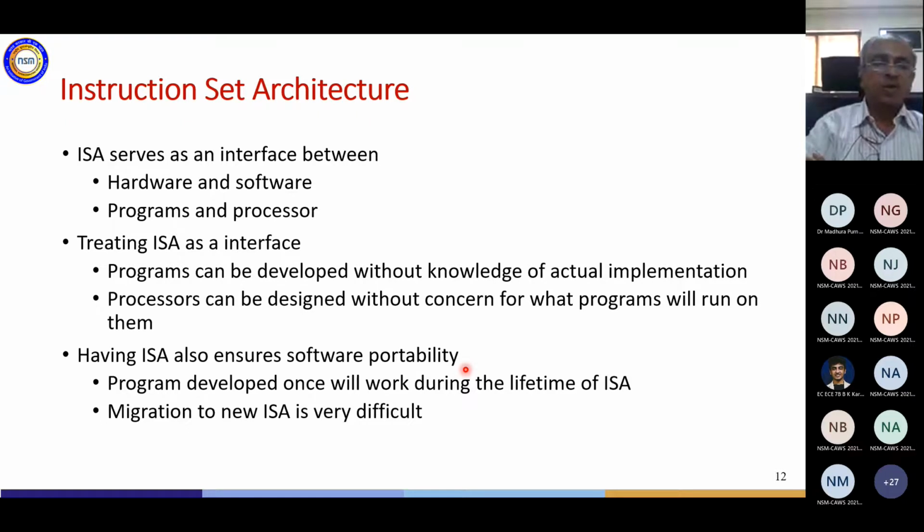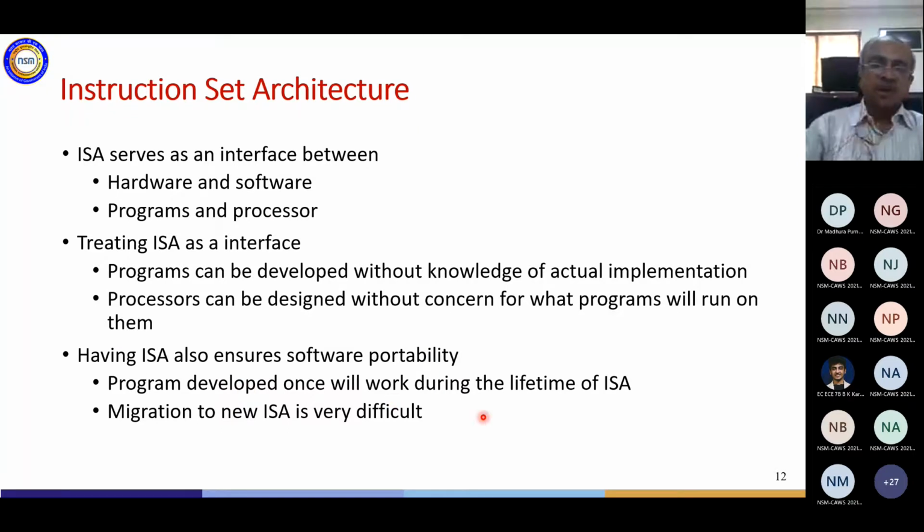Pentium would run all the code that was written for the 386. Pentium 2, same thing. Why? Because the basic instructions are the same. Newer versions of processors may add new instructions, but they will continue to support the instructions that were there in the previous member of the family. So that's why a program developed once will work during the lifetime of the ISA.